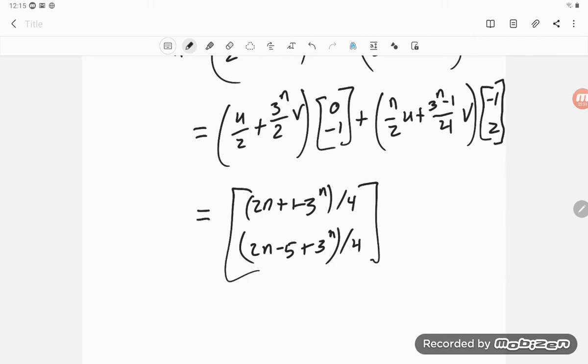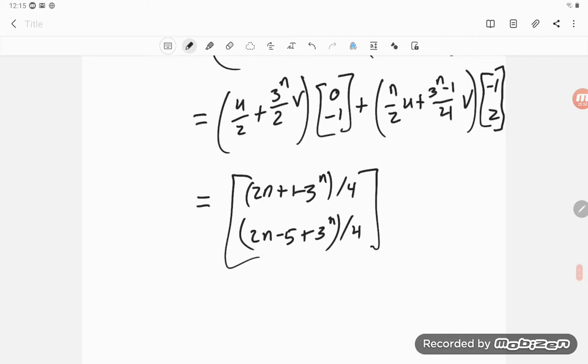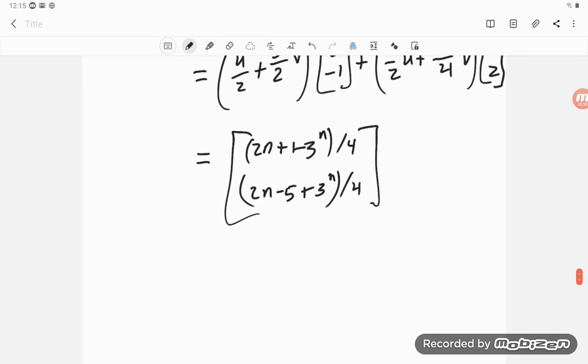Like I say, I'll take their word for it on that. But there is our closed form solution of the recurrence relation.